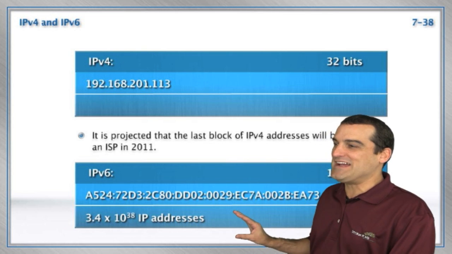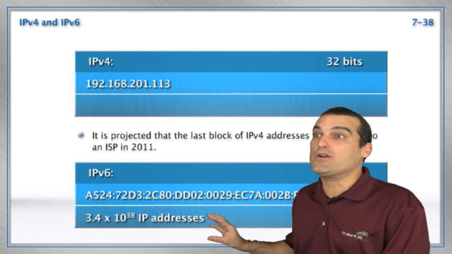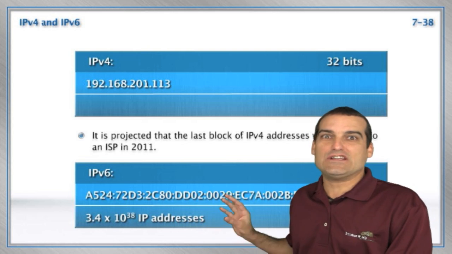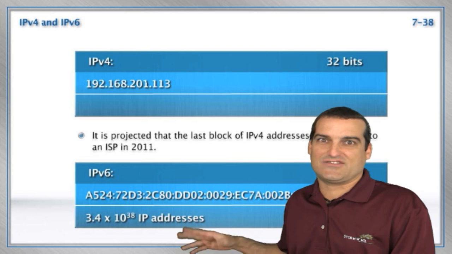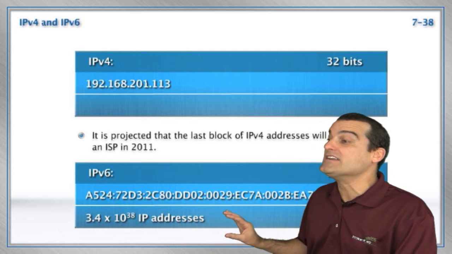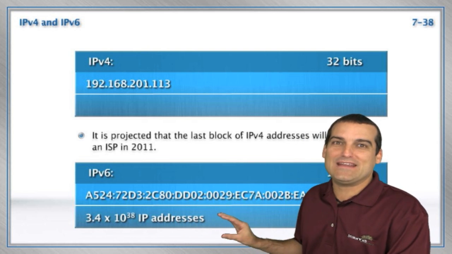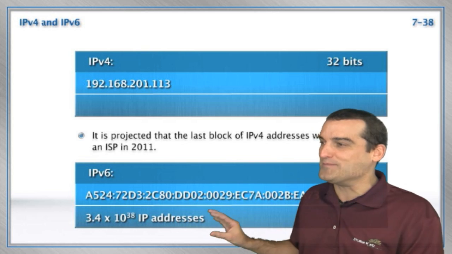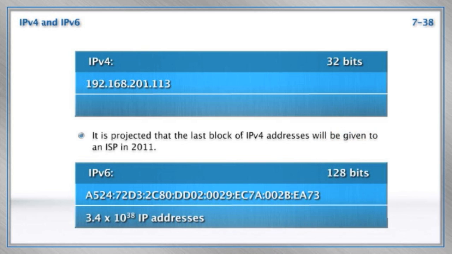There are literally going to be billions of addresses for every square inch of the planet. It's amazing how big the address space becomes when you move it from 32 bits to 128 bits.